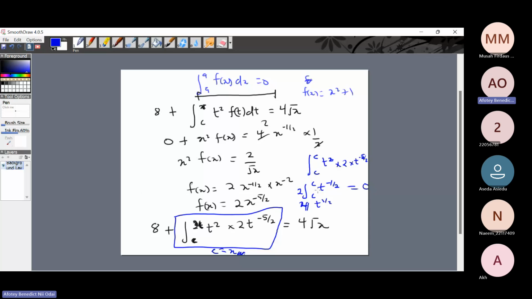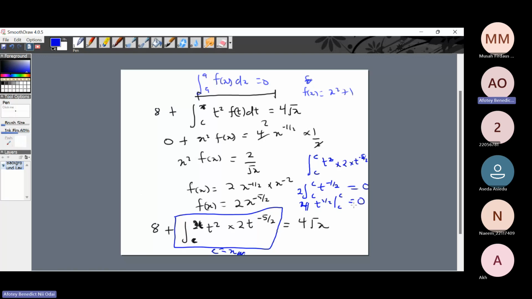Okay, sorry, let's continue. Where were we? So we get 4 still from c to c. This gives us 0.